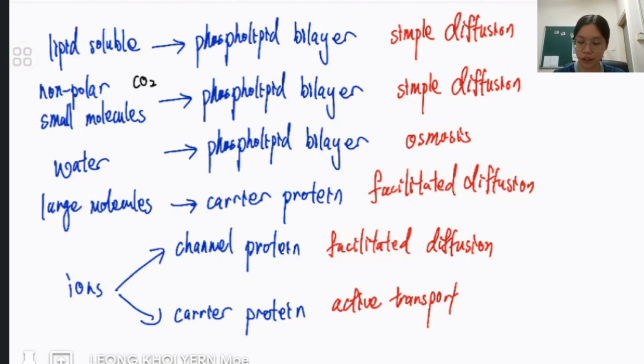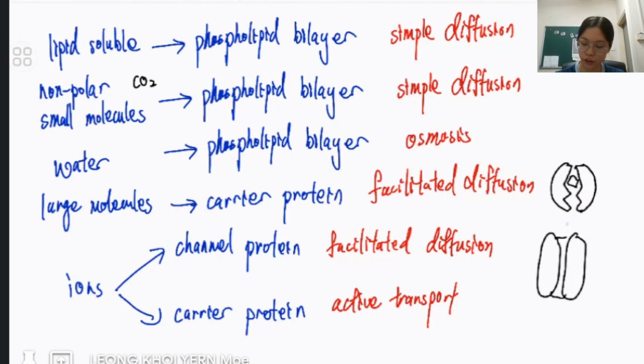Carrier protein basically will look like there is a shape like that. Meanwhile, for channel protein, this is the channel protein. They just let substances pass through.